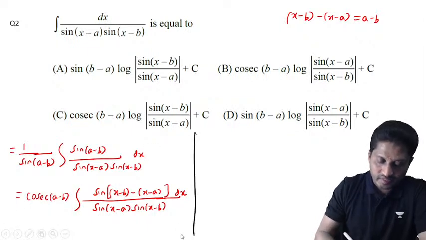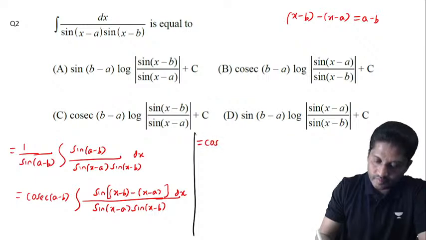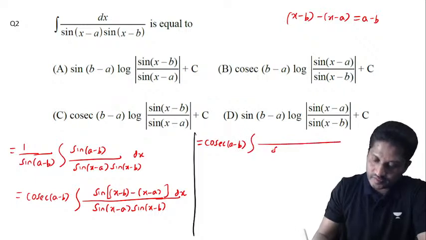Now this can be written as cosec of a minus b, integration of denominator is sine of x minus a into sine of x minus b.